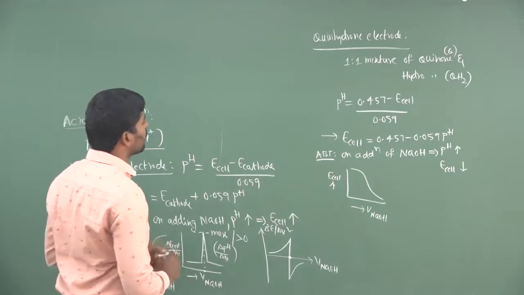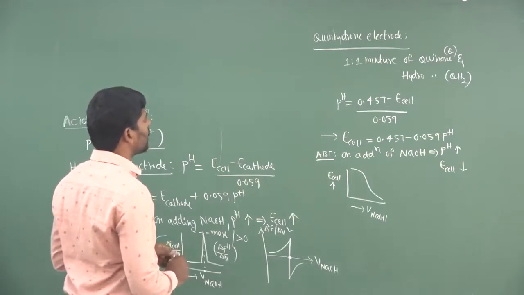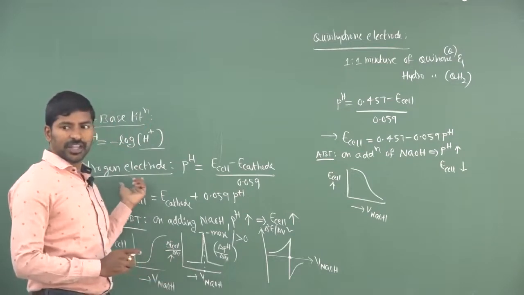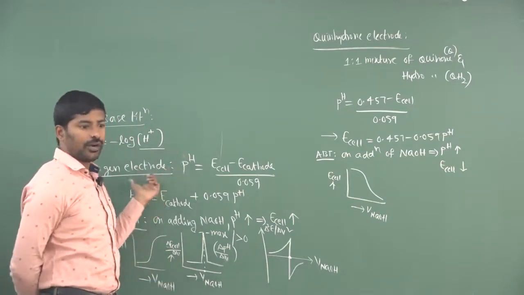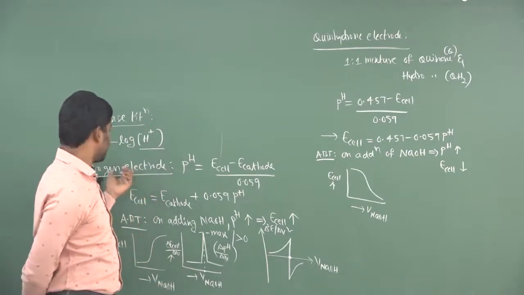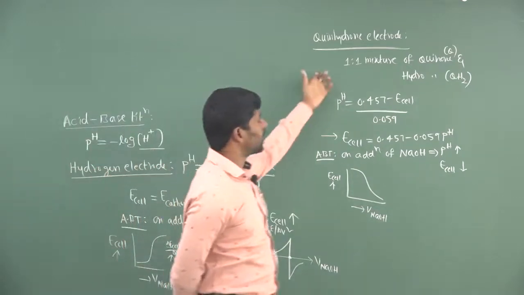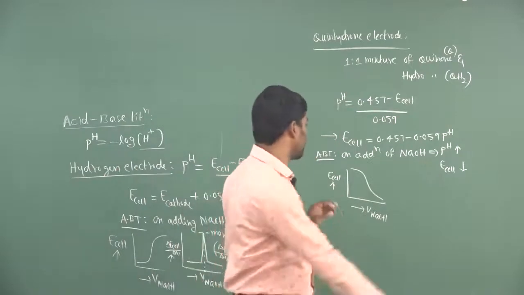This is by using the quinhydrone electrode. Some limitations: the hydrogen electrode, if any oxidizing agents are present, hydrogen undergoes oxidation, and it is a gas electrode, therefore difficult to maintain. Next, the quinhydrone electrode. What is the limitation?